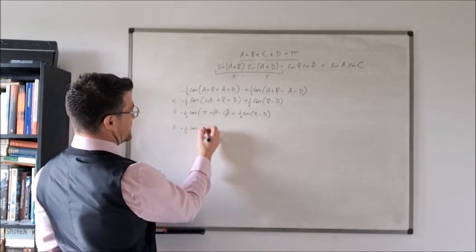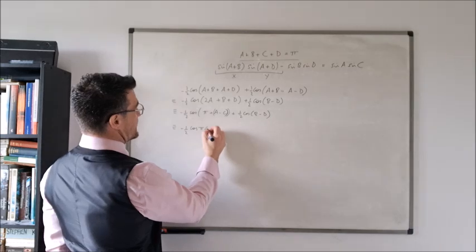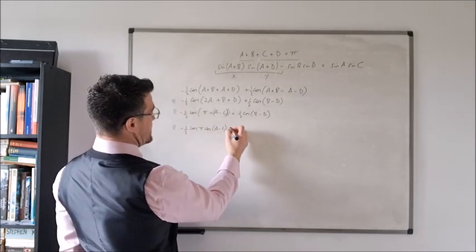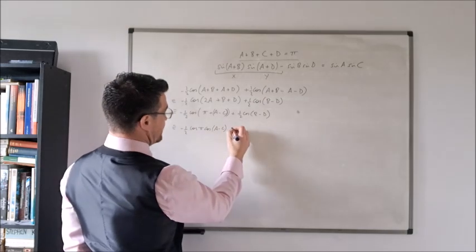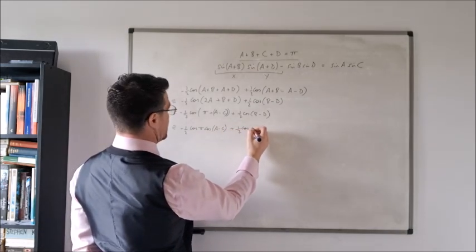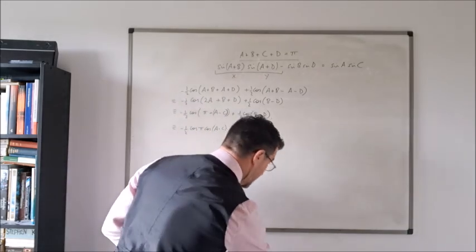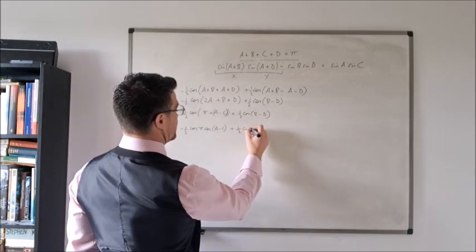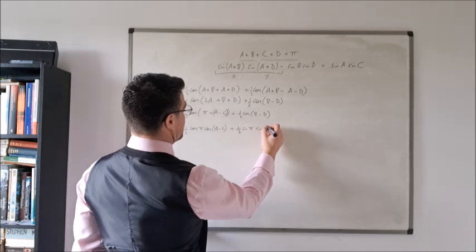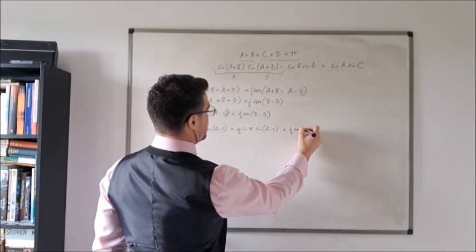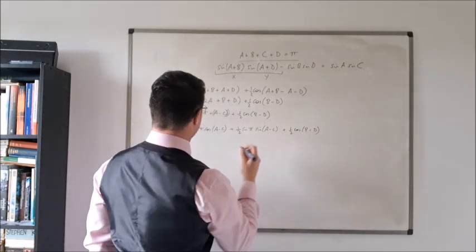Okay, so we've got cosine of pi, cosine of a minus c. We've got the minus half there, so it's going to be plus a half sine pi, sine a minus c, plus a half cosine b minus d.